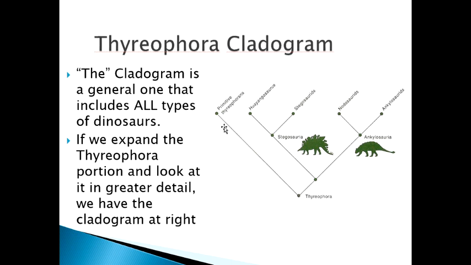Right off the bat, there's those primitive Thyreophorans. So we're going to sort of lump those over here. We recognize those as shield bearers, armored dinosaurs, but there they are. Go up higher. Now we have this node here. It's not named, but it shows the different branching between our friends, the ankylosaurs and the stegosaurs.